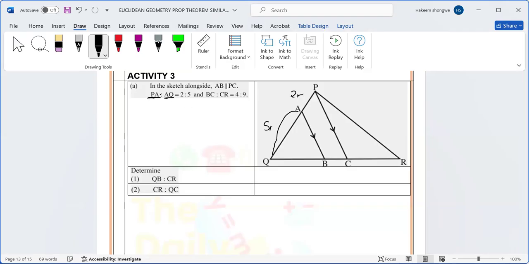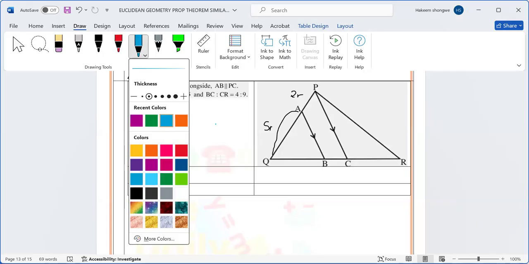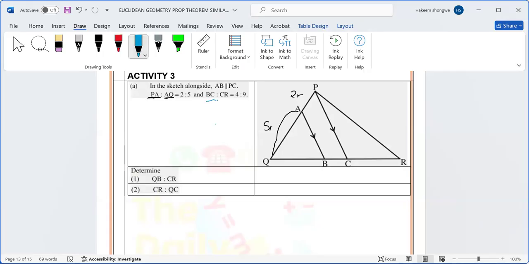So yes, they say in the sketch that the ratio of PA to AQ is 2 to 5. Okay, sure. What else can you tell me? And then QB, yeah.